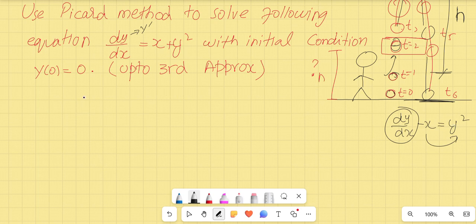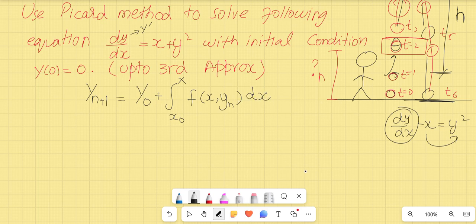So let me just write the formula quickly. The formula is y n plus 1 equals y naught plus the integral from x naught to x of f of x, y n, dx.